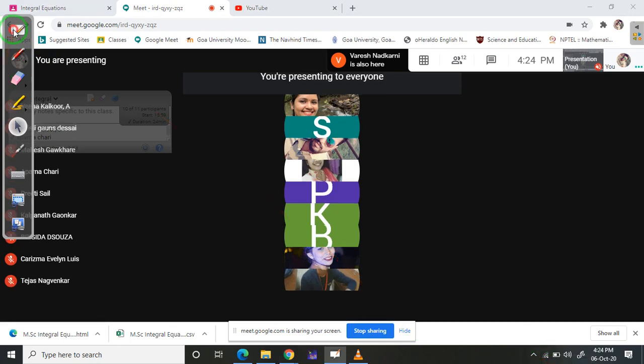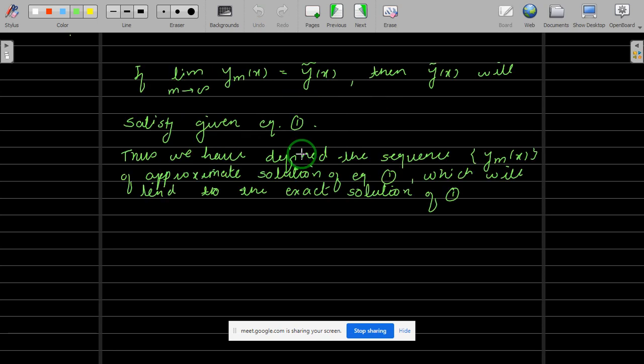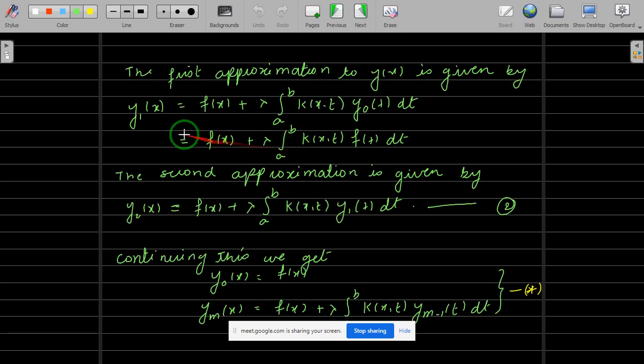So this is what I was talking about. From equation 2, you have y2 of x. I have written the same equation again. f(x) plus lambda integral from a to b k(x,t) y1(t) dt. Then you substitute for y1. Your y1 is f plus lambda integral from a to b k(x,t) f(t) dt.